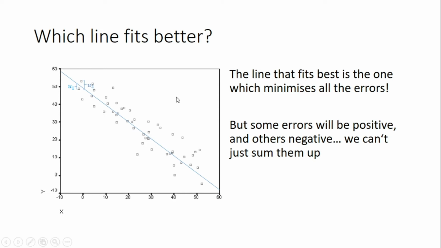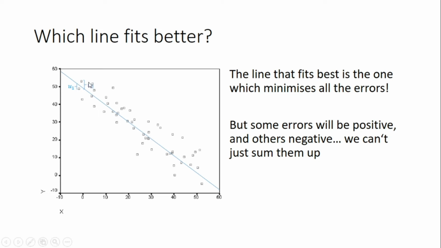So we can't just sum up the errors as they stand, because we're summing up positives and negatives. What we'd like to do ideally is sum up their absolute value. We're just interested in the size of those error terms. But rather than doing absolute value, we could equally just add up the squares of these error terms. Because a square is always a positive value.